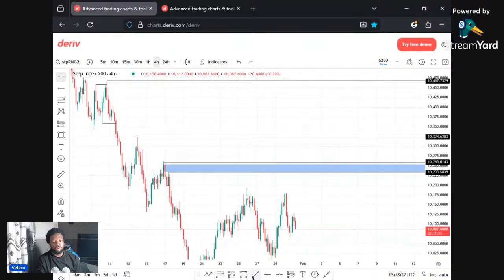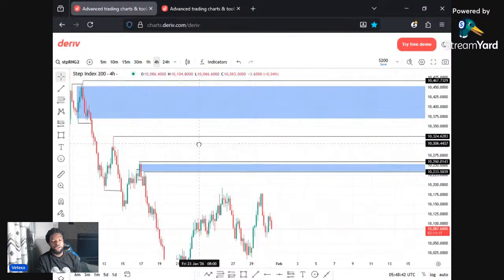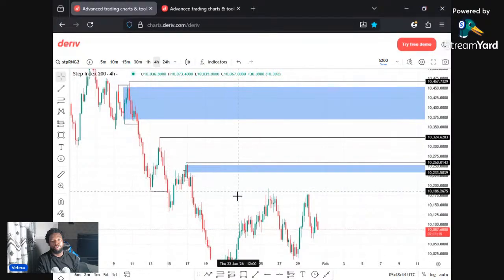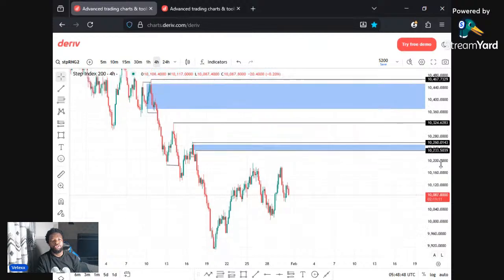And then we have what? Second break of structure, which is this. So all of these become what? Point of interest. This is our point of interest. So price will either come to this 1 hour POI or come to this 4 hour POI, and then tap into it and start pushing to the opposite direction. So this is all we're anticipating on Step 200.